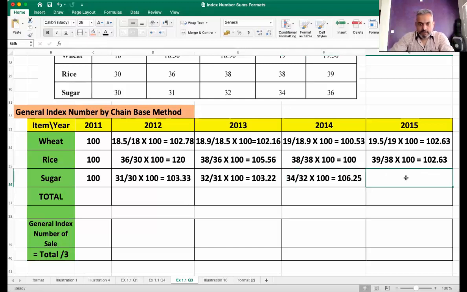And then 36 divided by 34 into 100, 105.882. So 105.88.